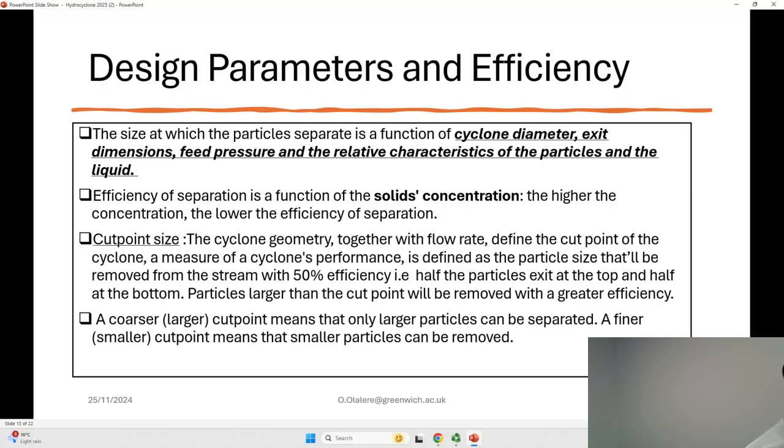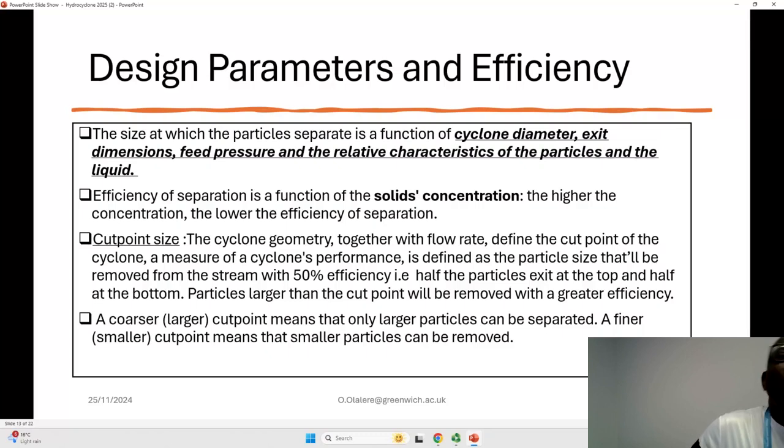So what this is saying is that when we have a larger cut point mark, it means only larger marks go. You understand? But when we have a lower cut point mark, it means lower mark.